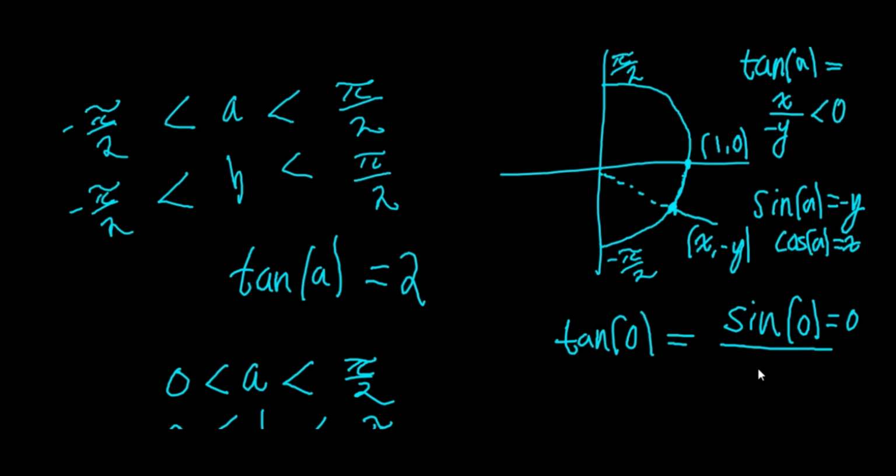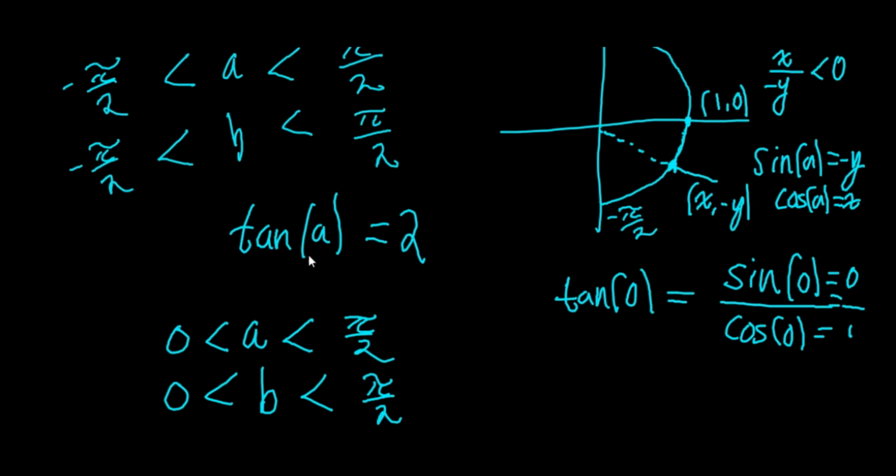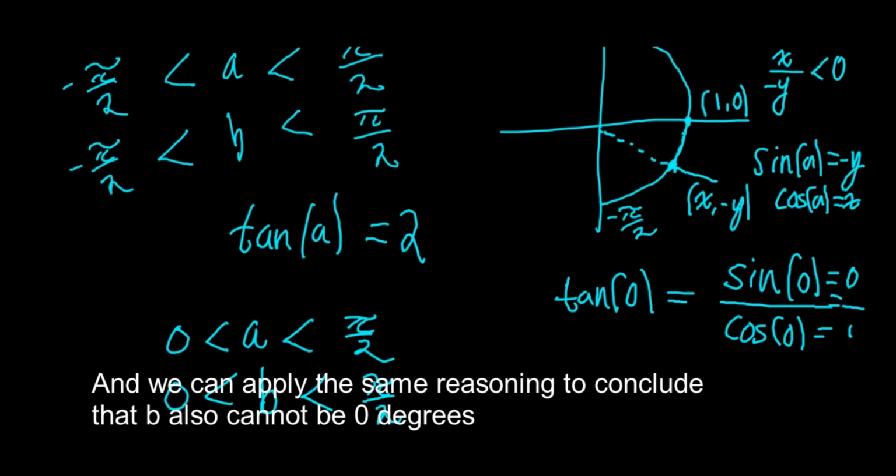And the cosine of 0 degrees is equal to the x coordinate of this point, which is 1. So tangent of 0 is just 0 over 1, which is equal to 0. But we know that tangent of A is 2. So A can't possibly be 0 degrees.